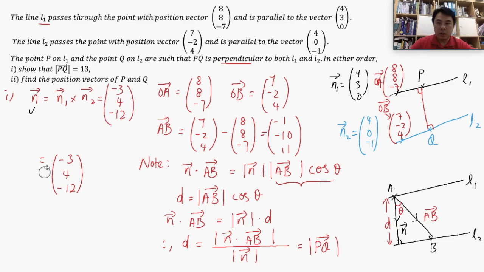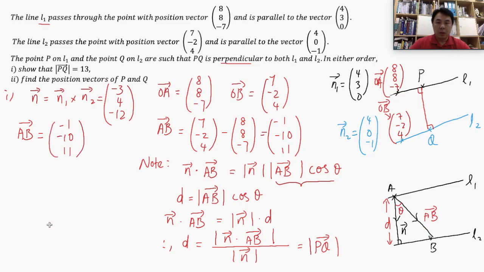Alright, so let me clean this up. And then we also found our position vector AB, so I'm going to write that down also. That is -1, -10, 11.